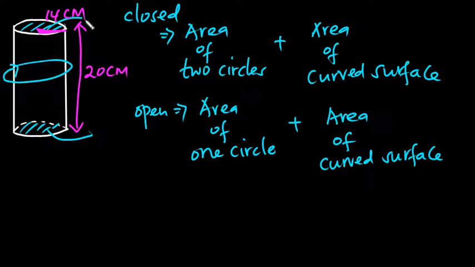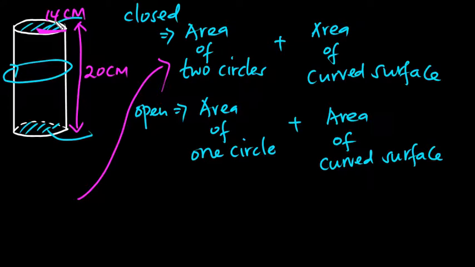Let's work out the surface area of this cylinder. We use that formula: we find the area of the two circles, and then we add the area of the curved surface. We can just find the area of one circle and then multiply by 2 because they are similar.